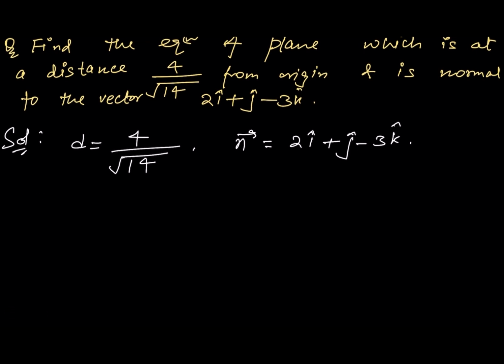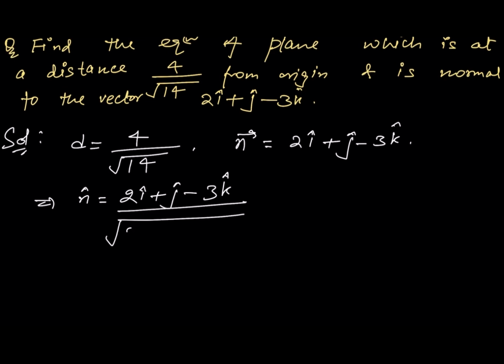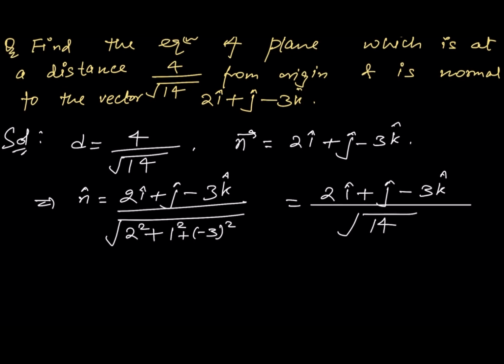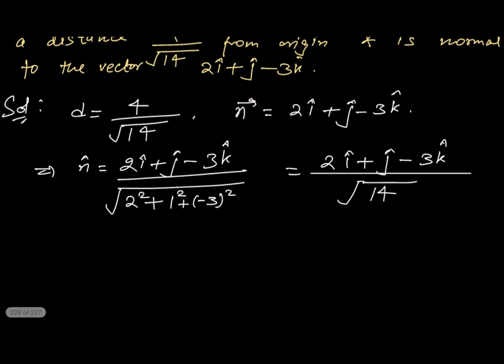Normal vector is 2i cap plus j cap minus 3k cap, but in the equation we need n cap. So here n cap is 2i cap plus j cap minus 3k cap upon root over 2 square plus 1 square plus minus 3 square, which is 2i cap plus j cap minus 3k cap on root 14, right? So the equation of plane in this case is r dot n cap is equal to d.